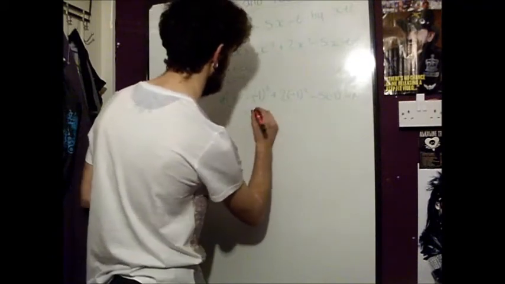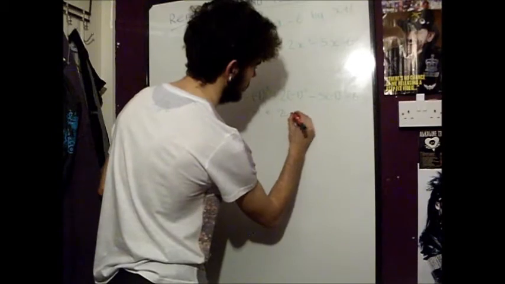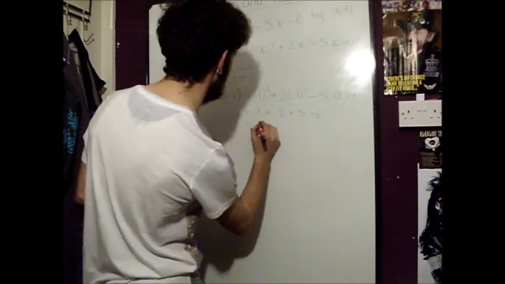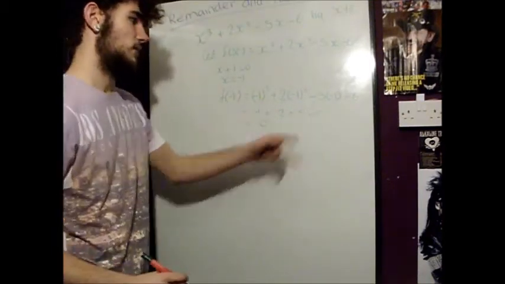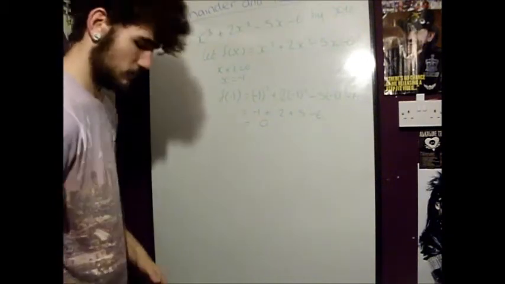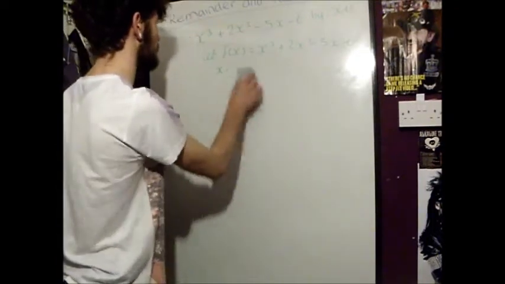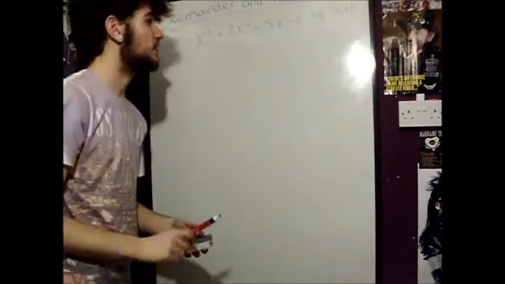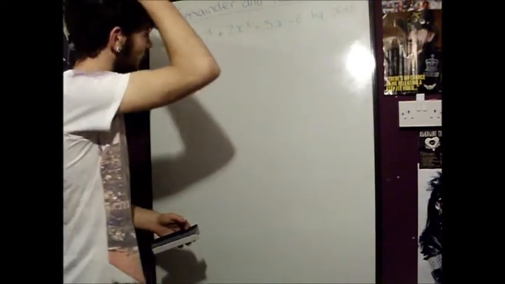So this becomes minus 1 plus 2 plus 5 minus 6, which equals 0, because 2 plus 5 is 7, and minus 1 minus 6 is minus 7, so they cancel out to make 0. Therefore I've just proven that x plus 1 is a factor of this equation.